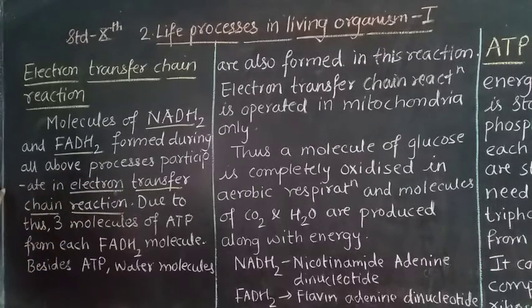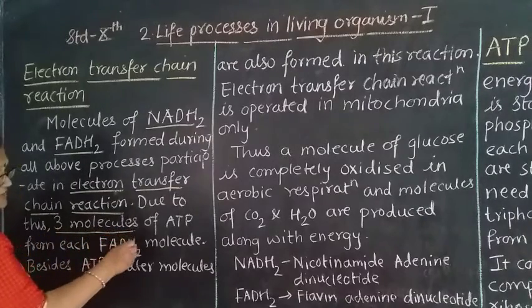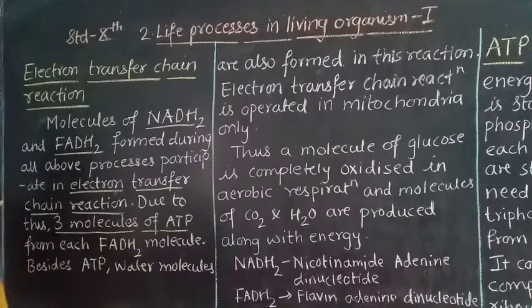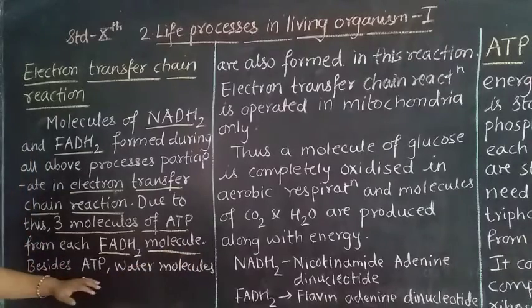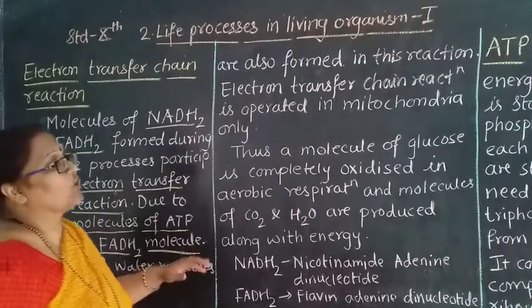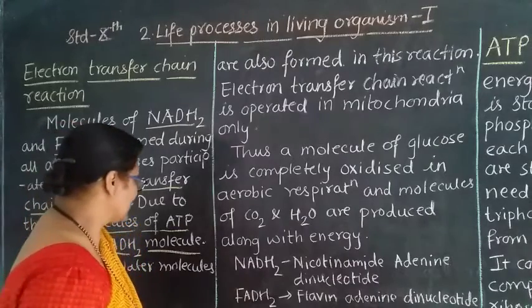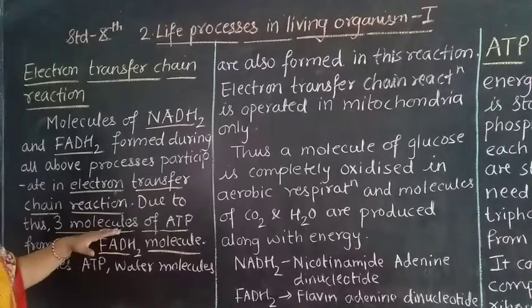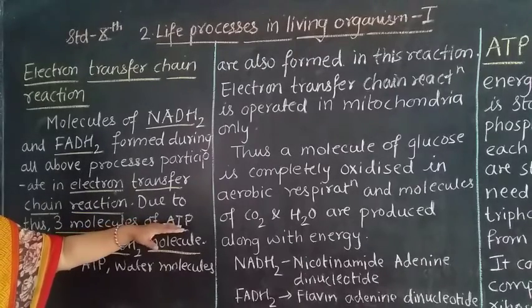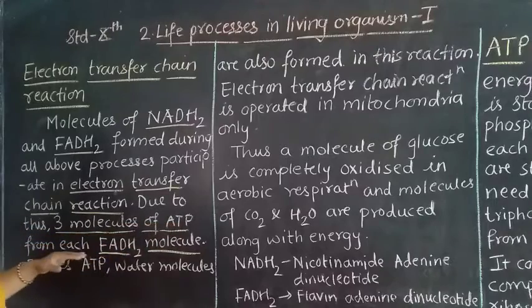Now what happens due to this? Due to this, three molecules of ATP are formed. What is ATP? Adenosine triphosphate. Three molecules of ATP form from each FADH2 molecule, and besides ATP, water molecules are also formed in this reaction. ATP are the energy rich molecules.